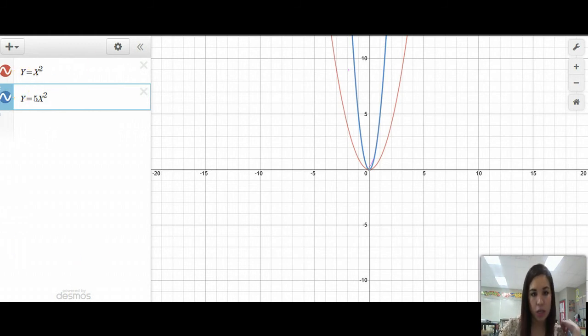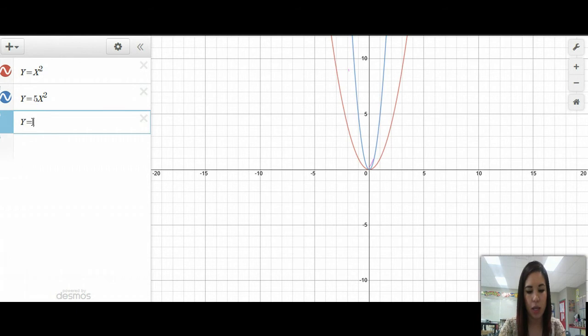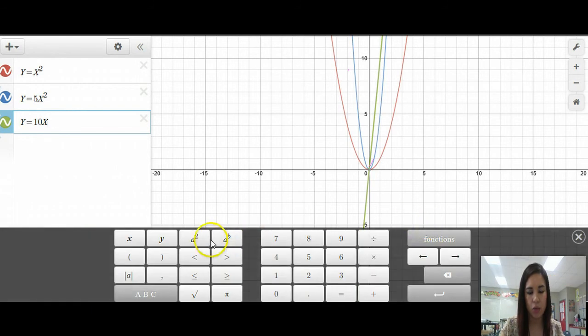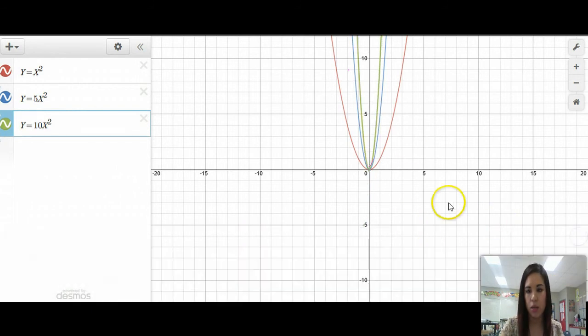Let's try another one. What if I put y equals 10x squared? Do you see how every time it's getting more and more narrow? So if you multiply the x squared by a big number, it's going to make it more narrow.